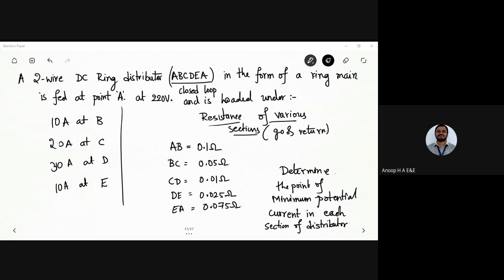I want Bhavana KS to solve this problem and share it in the class right now. And everyone has to solve this.